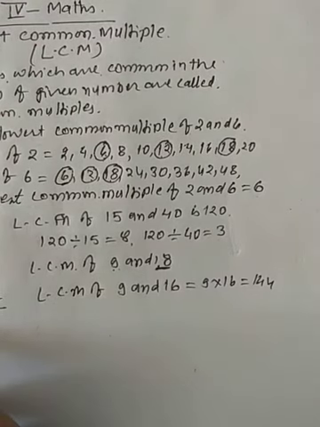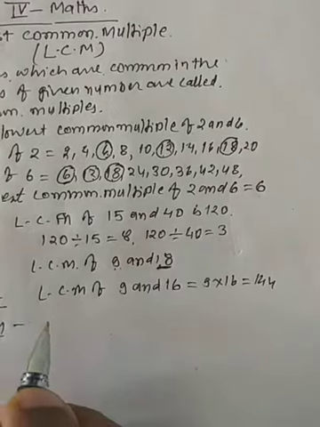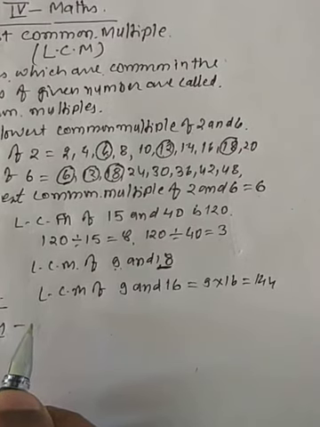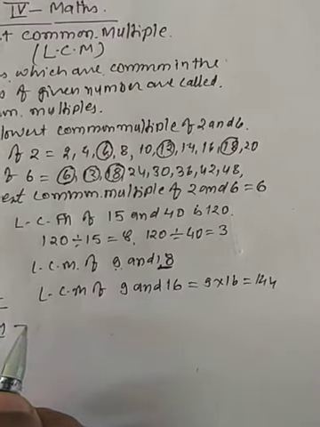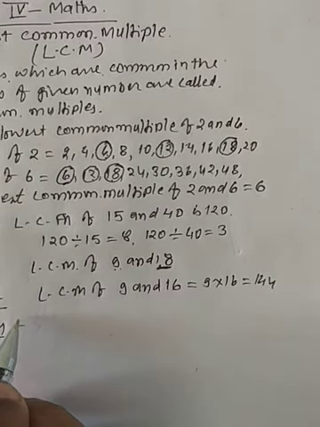Property 4: the lowest common multiple of two or more numbers cannot be less than any one of them.